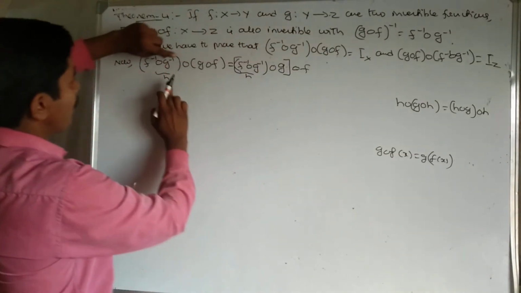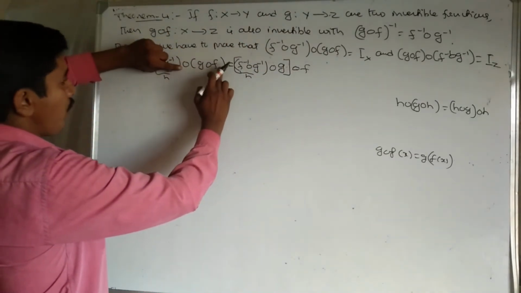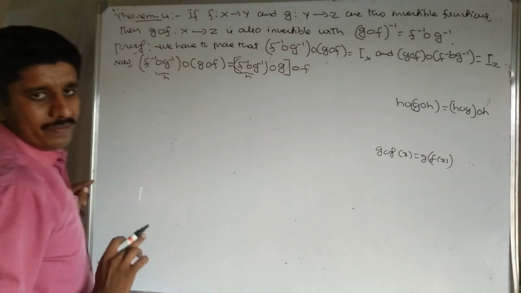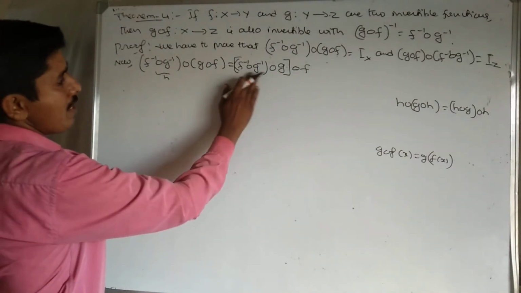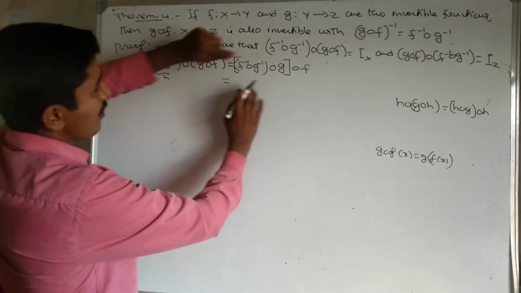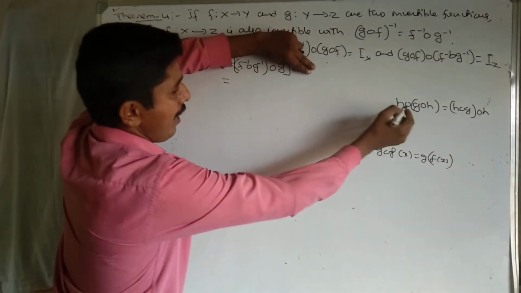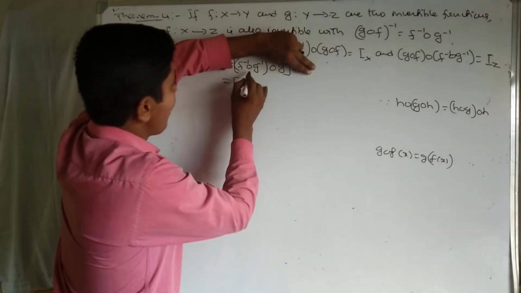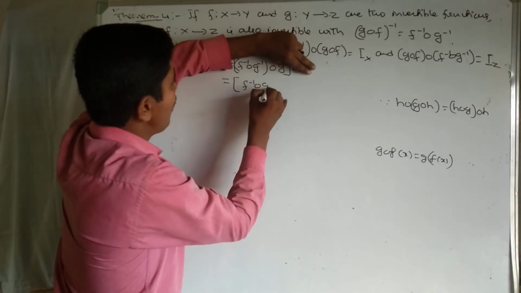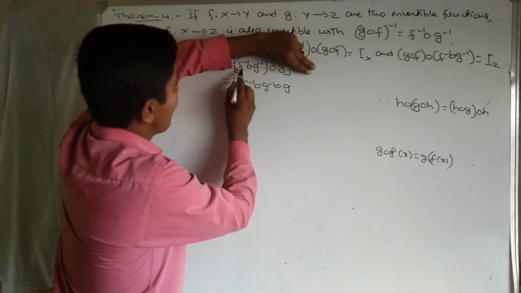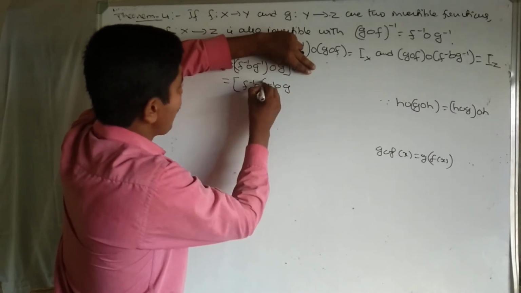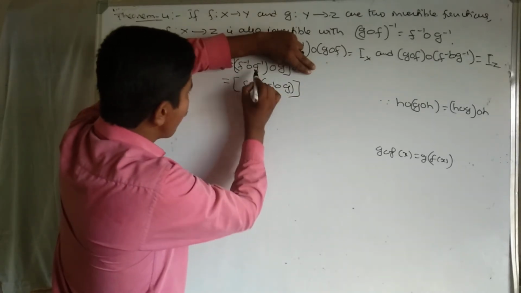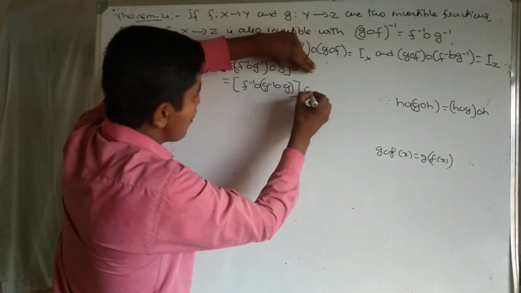Here HO of GOF is equal to HOG of OF. Again within square bracket, I am applying this condition here. Here F inverse O G inverse OG like that. Here I am taking F inverse O bracket according to the last theorem, F inverse O of G inverse OG. This as it is.